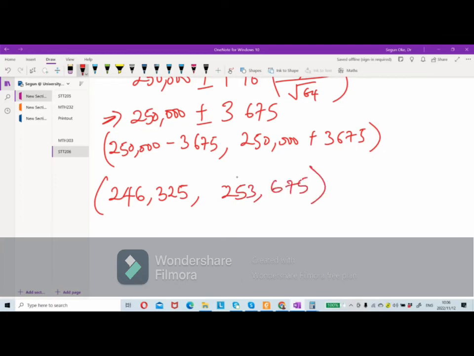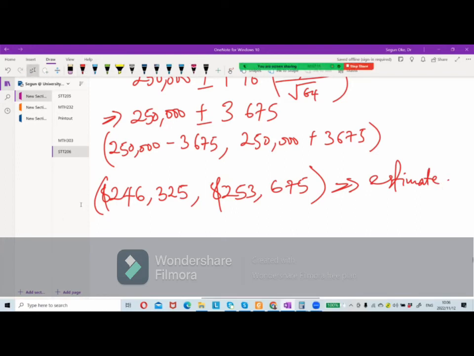Please, let's be careful. This is the estimate in dollars. Don't forget, in dollars. So you have these estimates. That is how to calculate this.